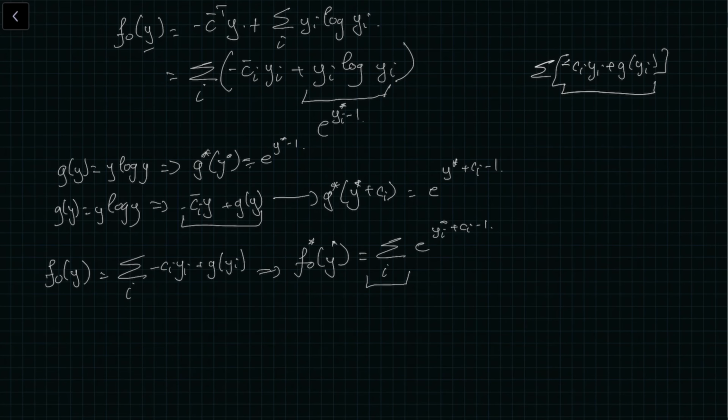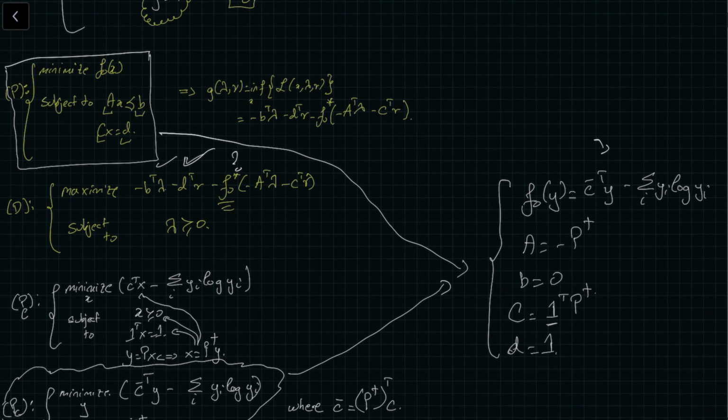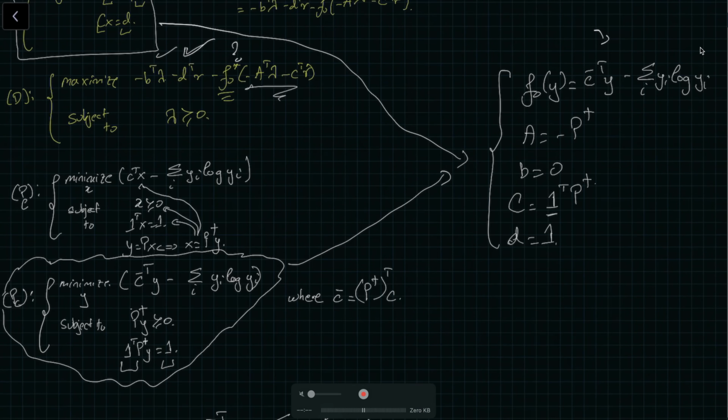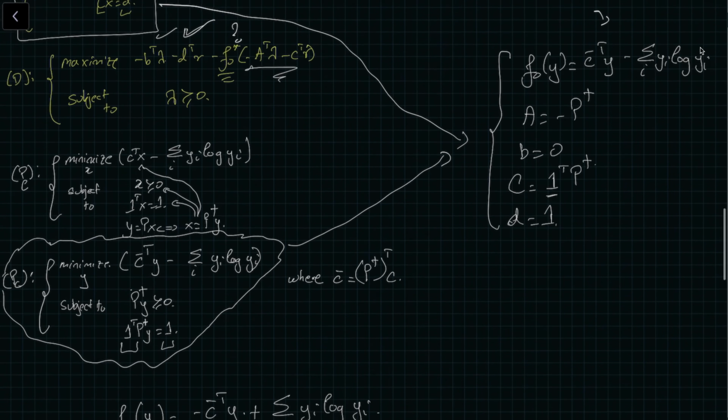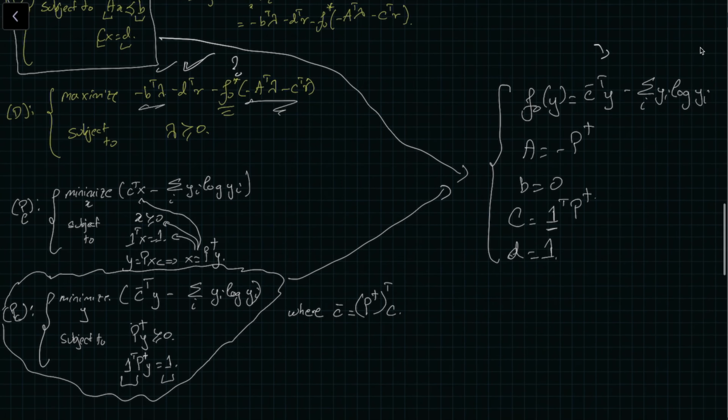So good. Now we have the expression. Now we have the conjugate function. All that remains to do is to plug this form inside, right? So using this dual optimization problem right here, what I get is to maximize, go back up, we've got that the first term is minus b transpose lambda, where b is 0, so I don't have that.